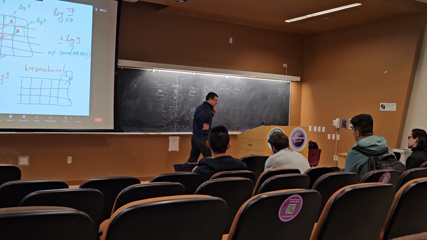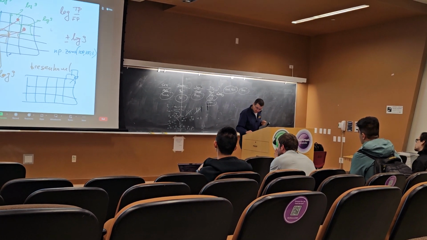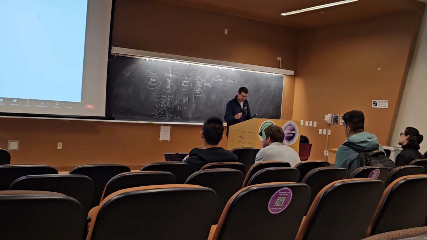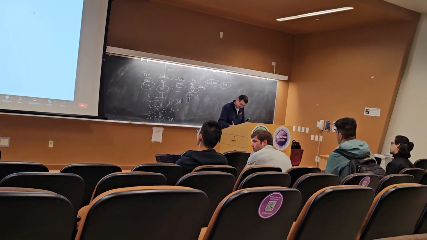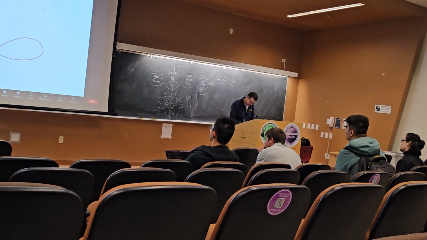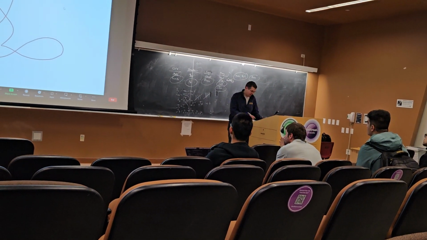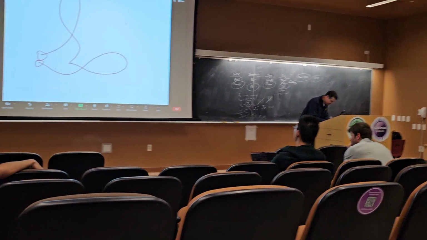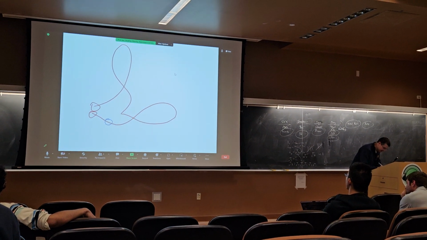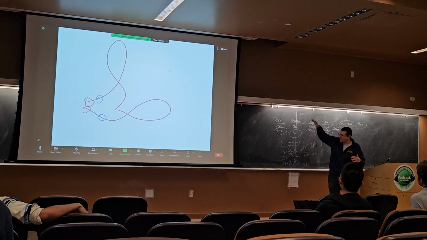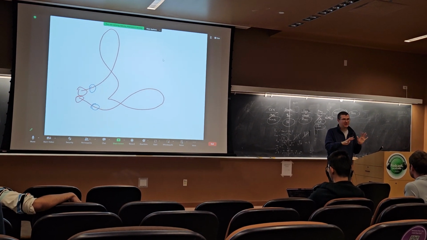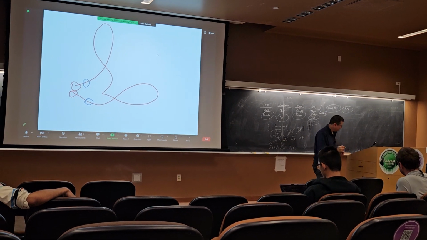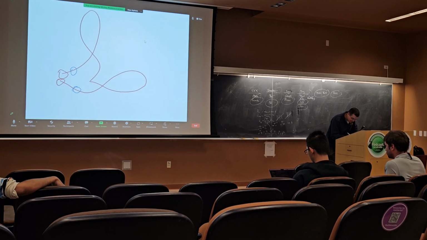True, but the loop closures you're most interested in, the ones that will have the largest impact on your performance, are this one and this one, for example, or this one and this one. So ones that you get when you're actually coming back. They're not so close in position and orientation, but they are seeing, assuming they can see the same part of the environment.